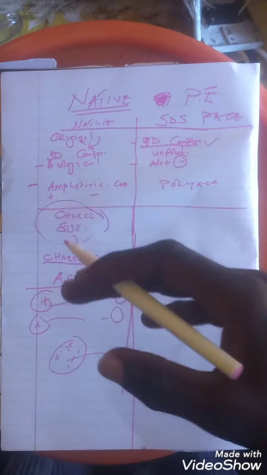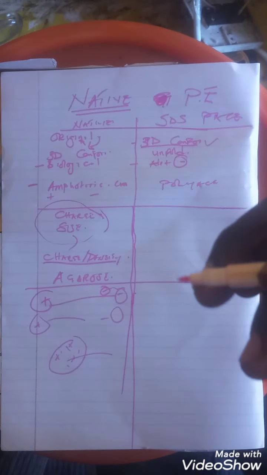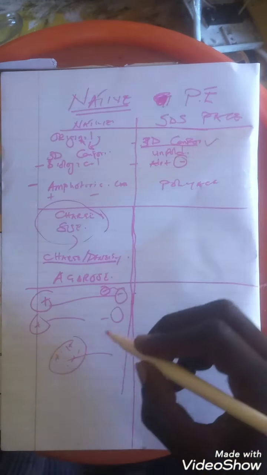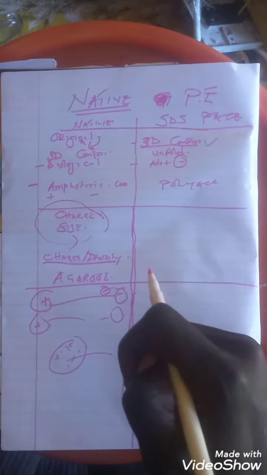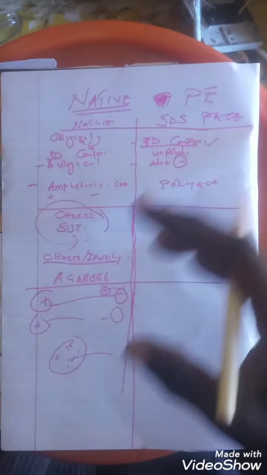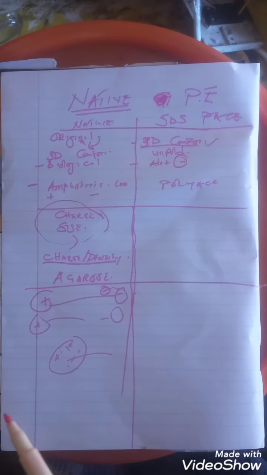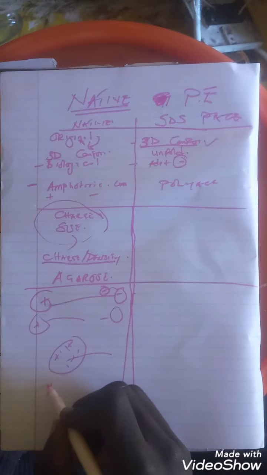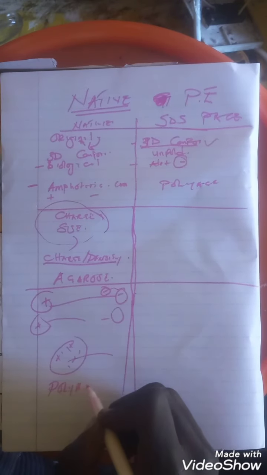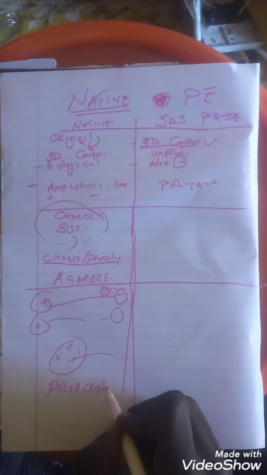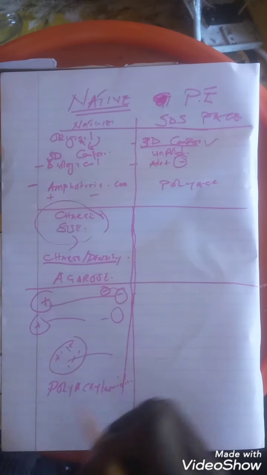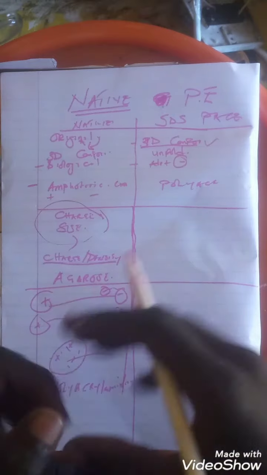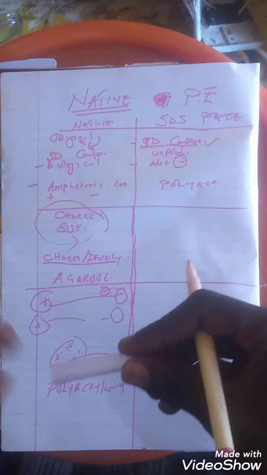But this electroendosmosis can be fixed by using purified agarose gel. If you use purified agarose gel, this problem can be fixed. And another solution is that instead of using agarose gel, we can use polyacrylamide gel. If we use polyacrylamide, then this problem can be fixed.